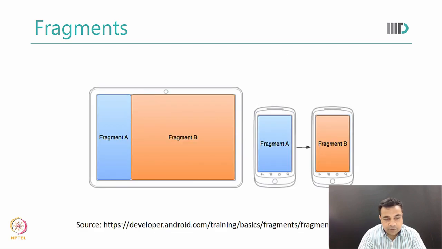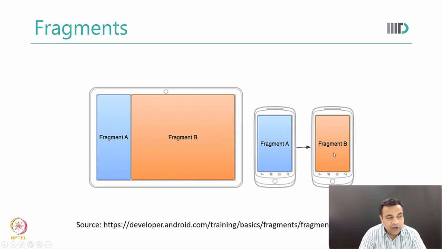Now let's come back to our picture again. The way I will implement it is that I will have only one activity, and my one activity will have, let us say my list is of 10 names. So my one activity will have 11 fragments. The one fragment will display the list and the other 10 fragments correspond to the details of the individual items of the list.